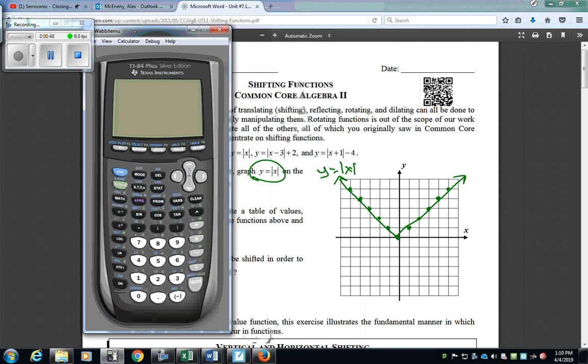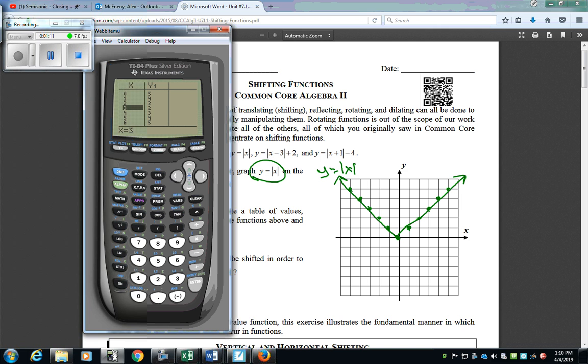If you take the next one, to get the absolute value, press the math button and then the arrow. So we got x minus 3 inside, plus 2. I'm going to go to the table. Now you'll see that I'm going to highlight this point right here. 3, 2 is the turning point. So that's where my graph turns.